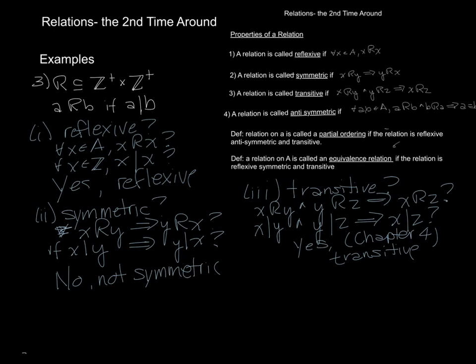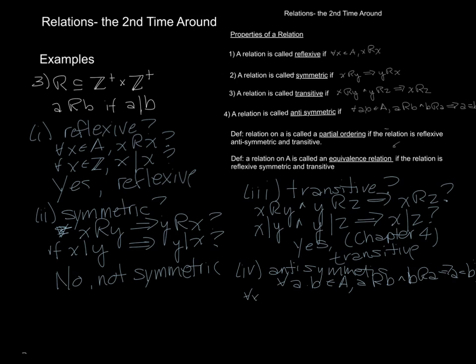So last we'll consider whether or not it is anti-symmetric. For all a and b in set A, a is related to b, and b is related to a, implies a equals b? There's a question mark there. I wanted to write one, but I ran out of space.